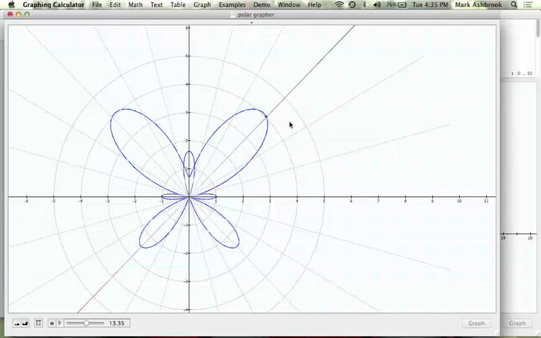But the idea is, instead of x, how far right and left you go, and then how far up and down you go, polar comes from the word pole. So it's based on distance from the pole, or what we used to call the origin.